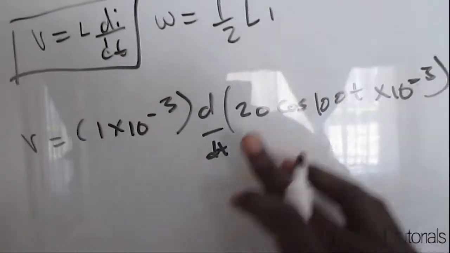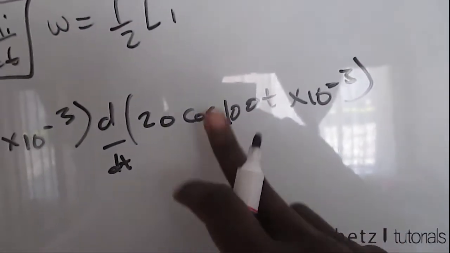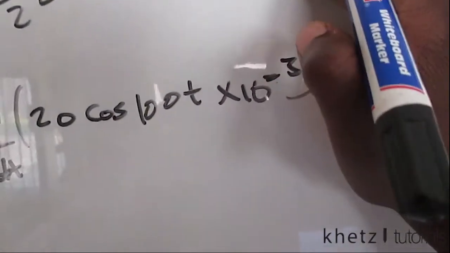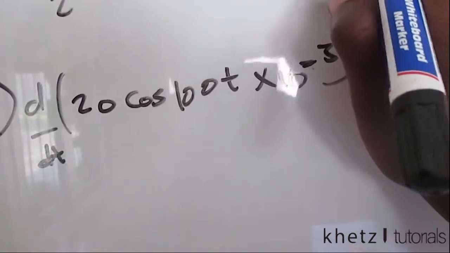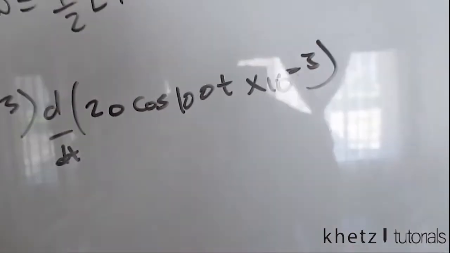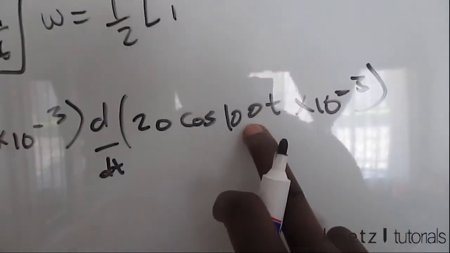The derivative, of course, is sine. Also we have to apply something, I forgot what it's called, but basically you have to take this 100 out as well.